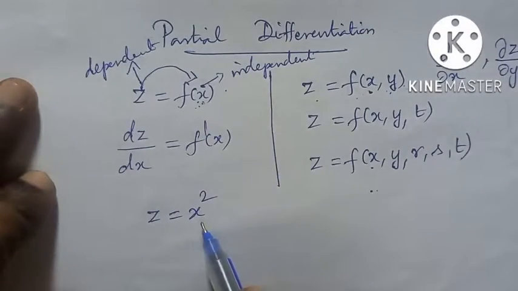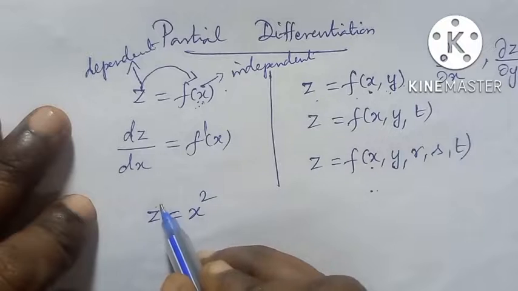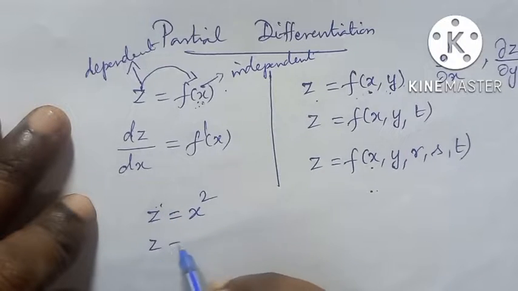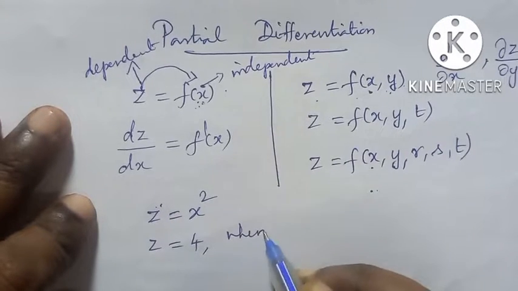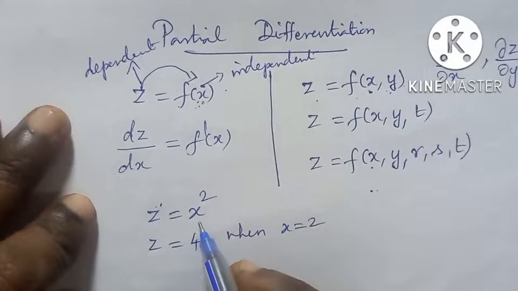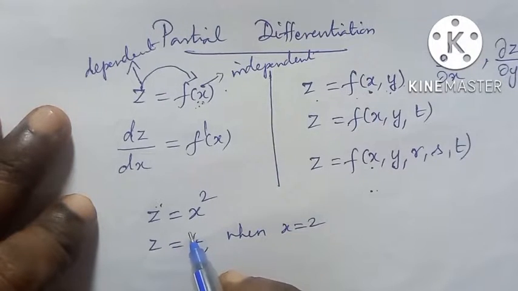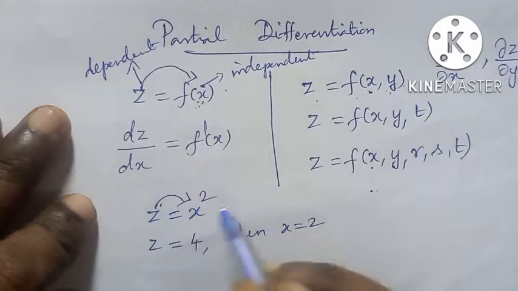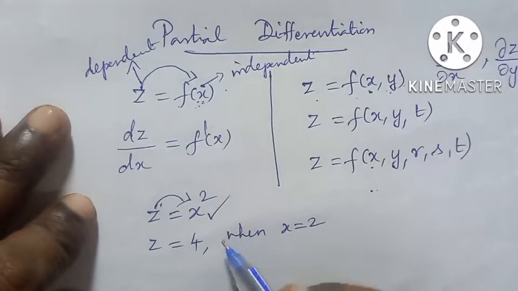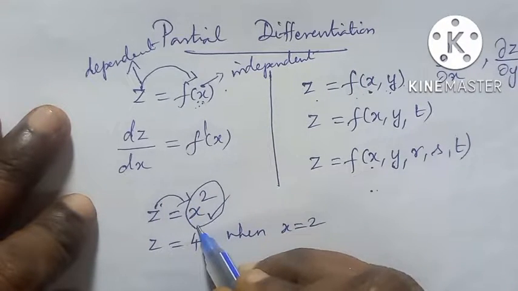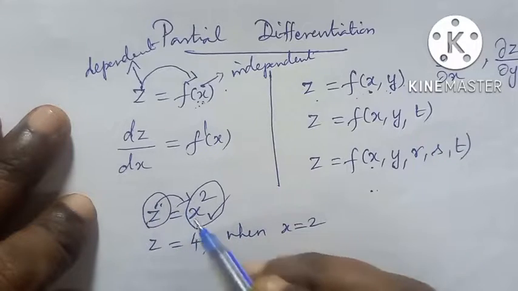Let us consider x square. So z depends on x. When x takes 2, z is 4. When x takes 4, z is 16. Okay. So z depends on x, whereas x is independent. That's why this x is called independent variable and z is dependent variable.